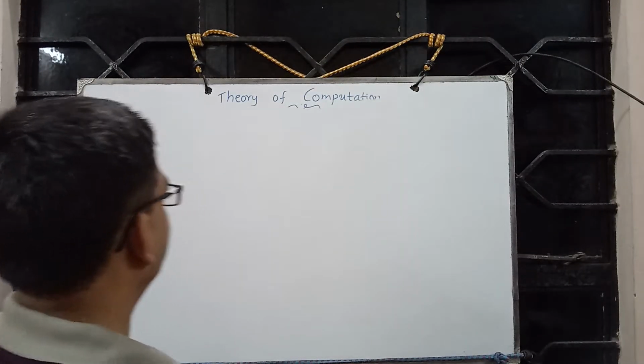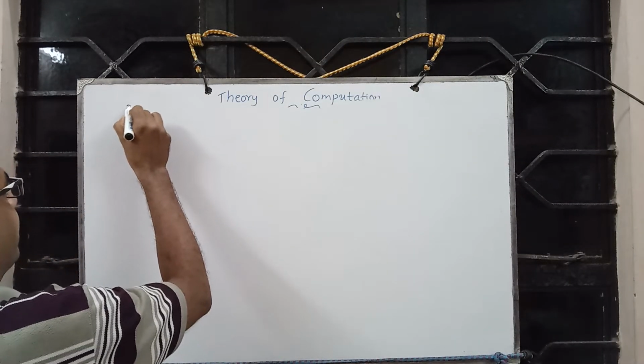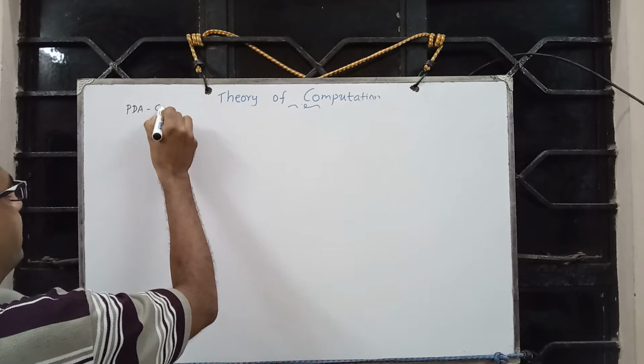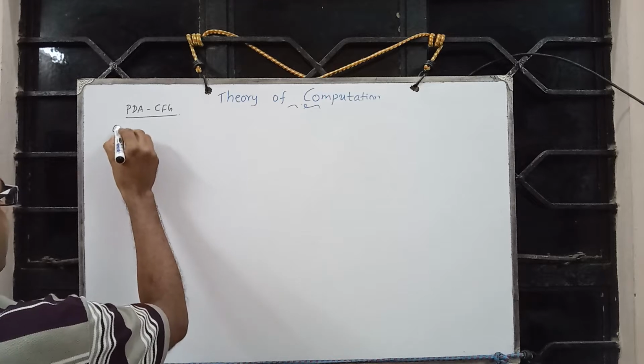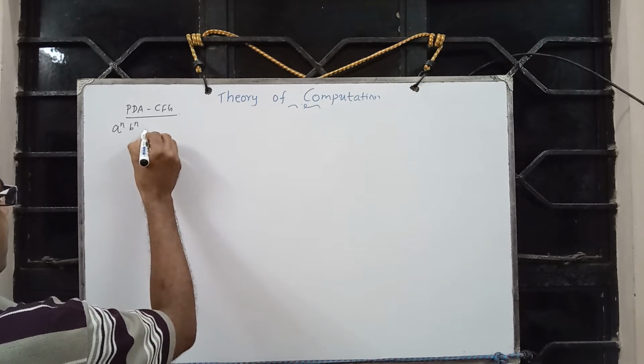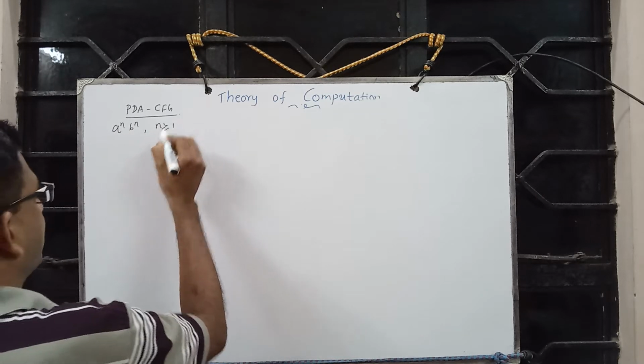Let us continue our discussion on PDA to CFG conversion. Let's look at this language a power n b power n, where n is at least 1.